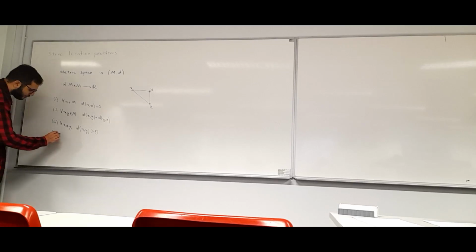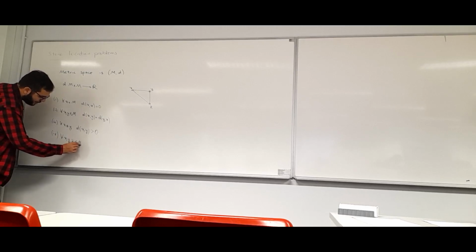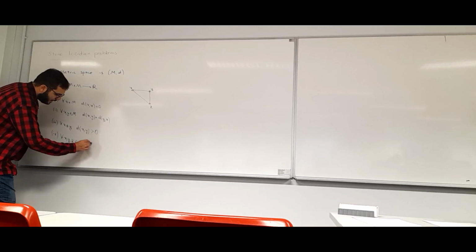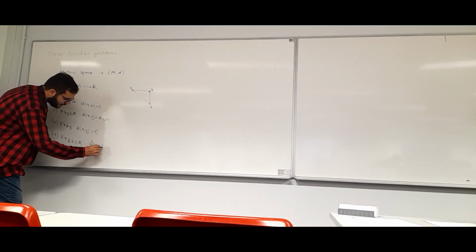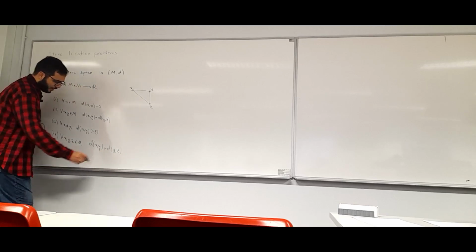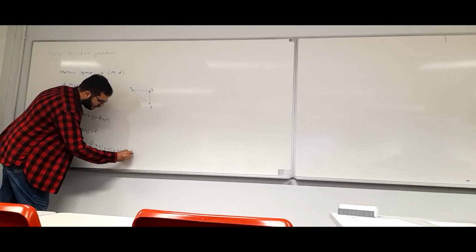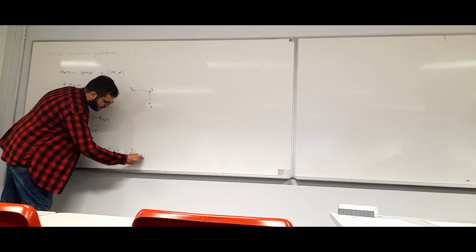So in other words, for every x, y, and z that are in my metric space, the distance from x to y plus the distance from y to z is going to be greater than or equal to the distance from x to z.